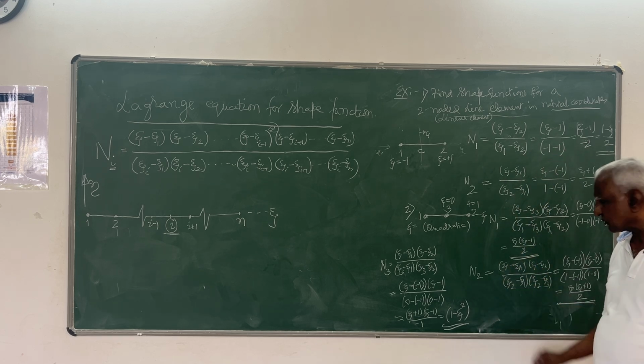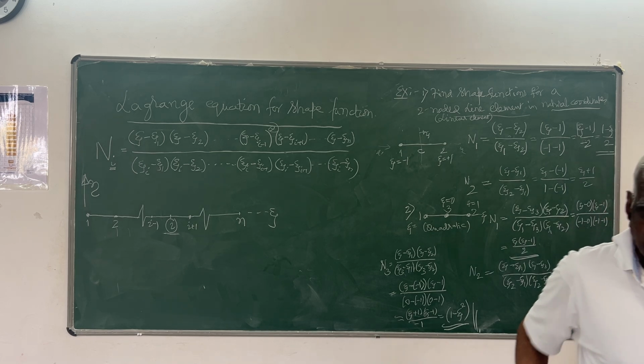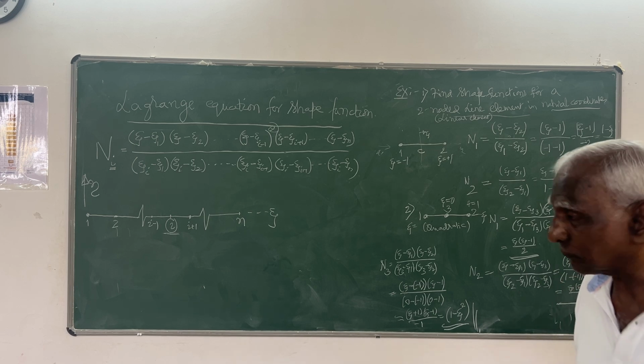It is 1 minus psi square. Now we can remember this shape function for quadratic element. It is psi into psi minus 1 by 2 for n1, psi into psi plus 1 by 2 for n2, n3 is 1 minus psi square. Clear? This is the procedure.